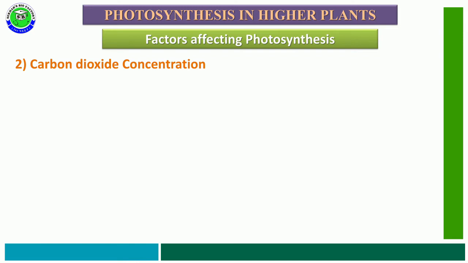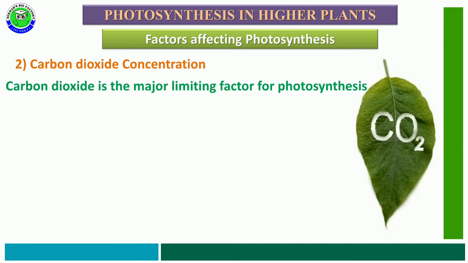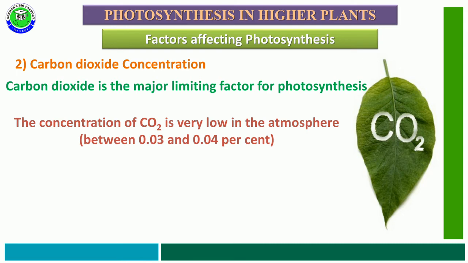And the second important external factor is carbon dioxide concentration. In photosynthesis, carbon dioxide plays an important role, and this carbon dioxide is converted into carbohydrates. Carbon dioxide is a major limiting factor for photosynthesis, because in the atmosphere its concentration is very low, nearly between 0.03 to 0.04% only.